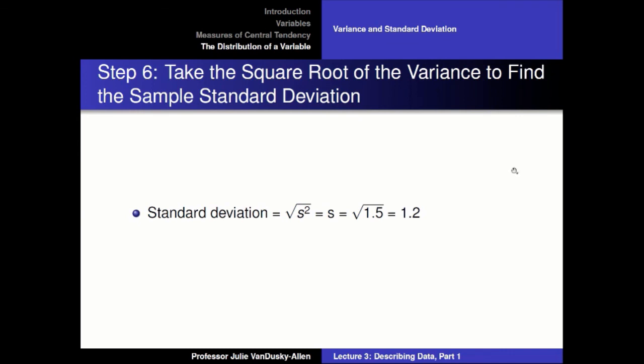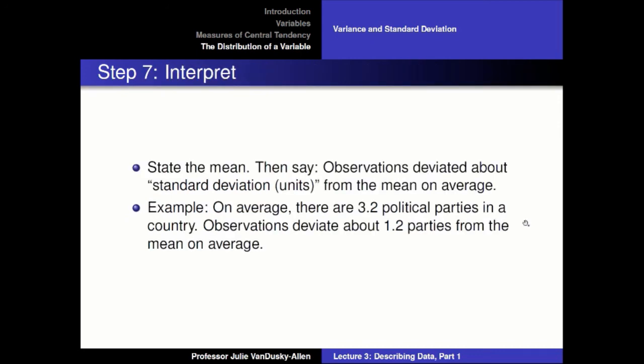We take the square root of the variance to find the standard deviation. The standard deviation, s, is the square root of 1.5, which is 1.2. To interpret the standard deviation, we would first state our mean, then we would say observations deviated about standard deviation units from the mean on average.